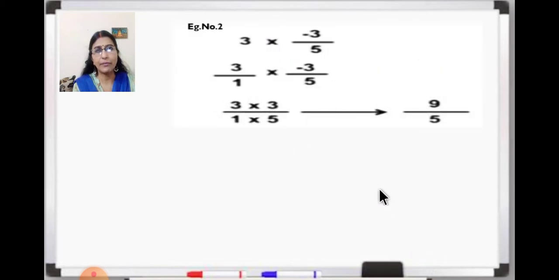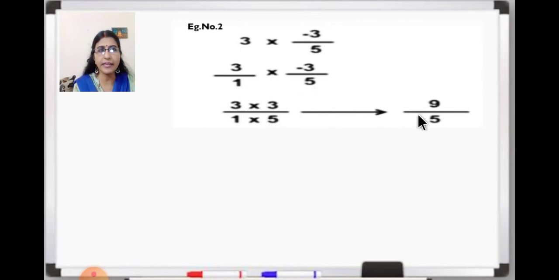Now let us take one more example. 3 multiplied by minus 3 upon 5. So here 3 can be written as 3 upon 1 multiplied by minus 3 upon 5. Now the same method we are going to multiply this numerator with this numerator. Like here 3 will be multiplied by 3, and similarly the denominator of this rational number will be multiplied by the denominator of the second rational. So 1 into 5.